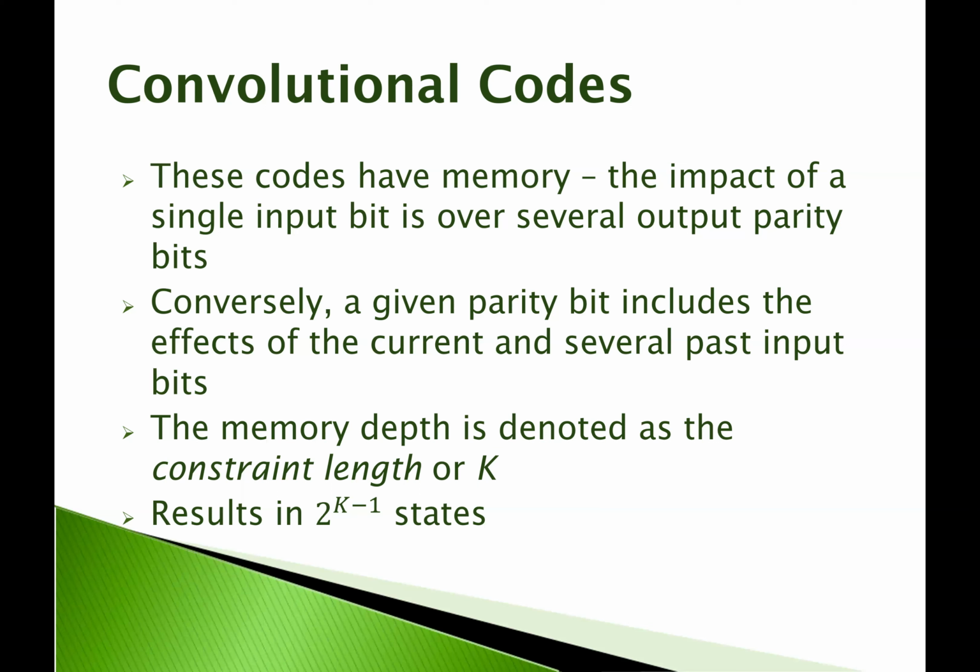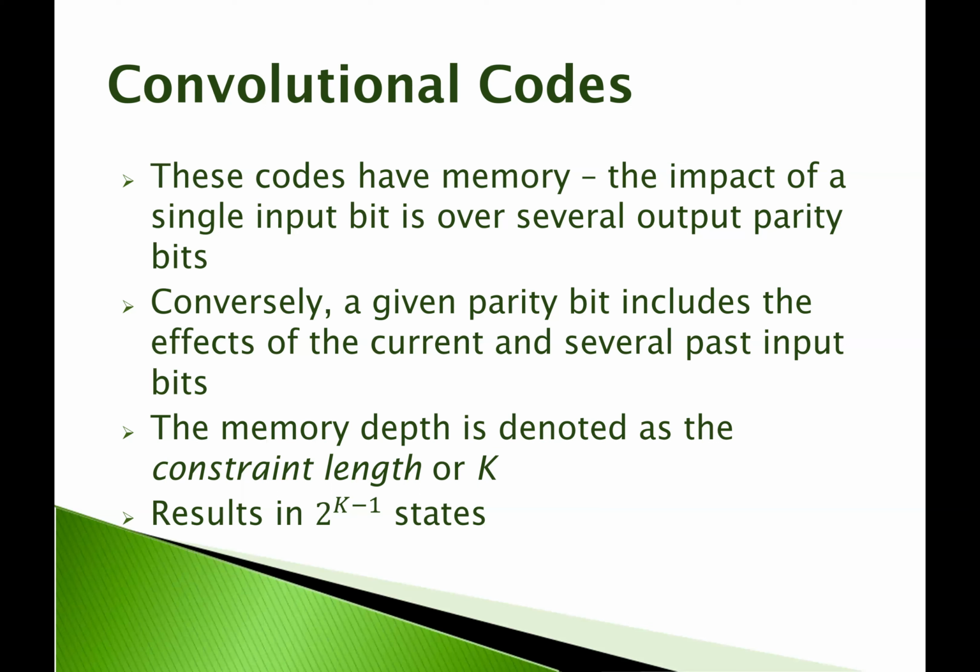So this results in 2 to the K minus 1 different states that this system can take on. Anytime you have memory in a system, whether it's a communication system or anything, then it has a state associated with it.